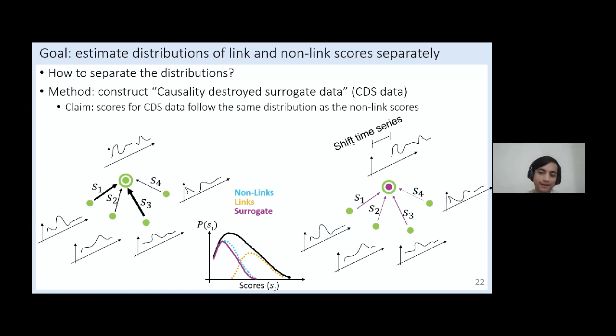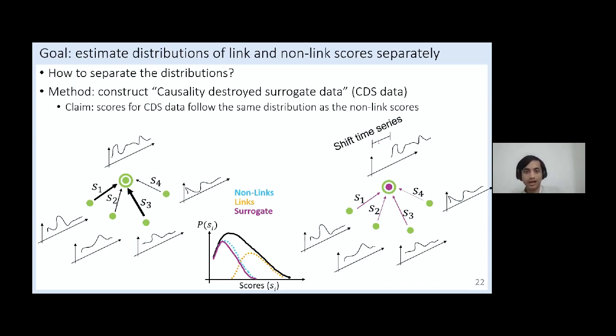A priori, I don't really have a good answer right now. But for the purpose of what we're doing here, as long as you shift the time series sufficiently, where this is larger than the time scales that you have, then you'll start obtaining something that looks like a non-linear distribution.